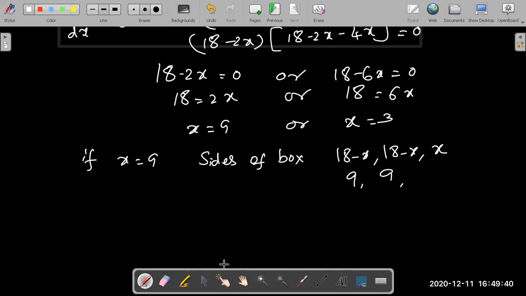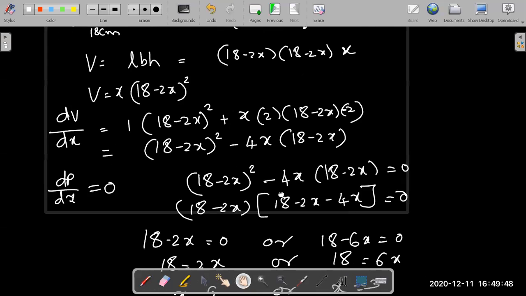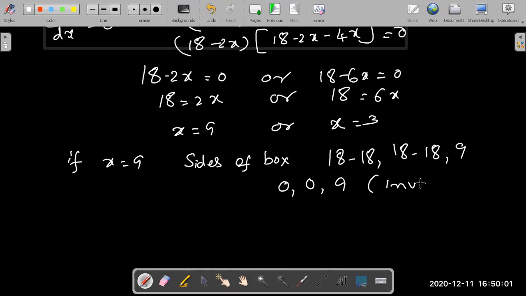Actually, it's 18 minus 2x, isn't it? So it's not 18 minus x. So if you look at the top, our dimensions are 18 minus 2x. So 18 minus 18, 18 minus 18, and 9. So that becomes 0, 0, 9. So it's invalid because you can't have 0 side.